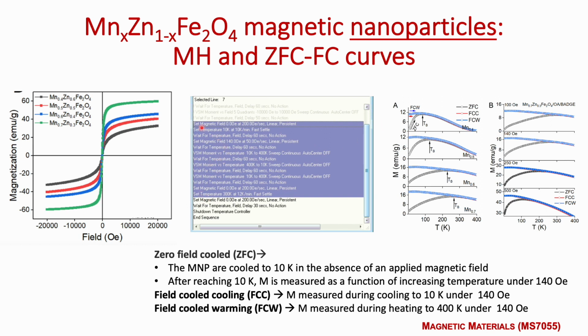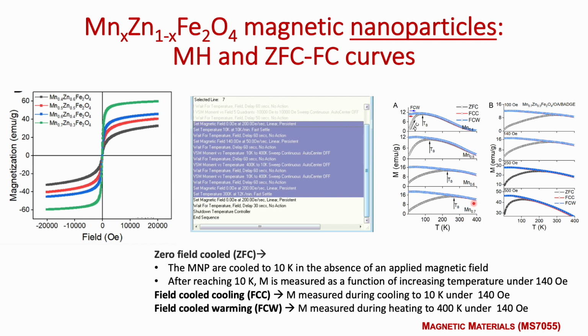Basically, zero field cool means first we set the field to zero, go to low temperature using any rate you want, 10 or 12 or less, and then wait for some time. Set a small field, let's say in this case I set 140 Oersted, and then again wait, let's say 60 seconds, and then measure the magnetic moment while increasing the temperature. So here the black curve starts from here and goes like this.